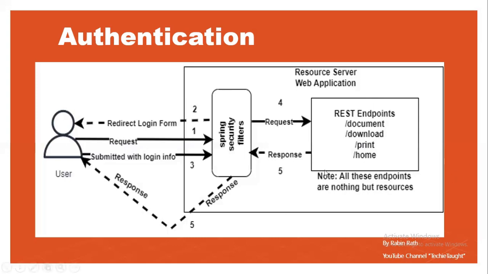That is the response. It returns some results, and that response comes back through the security filters and reaches the user. Basically, this is the process that happens in case of authentication.